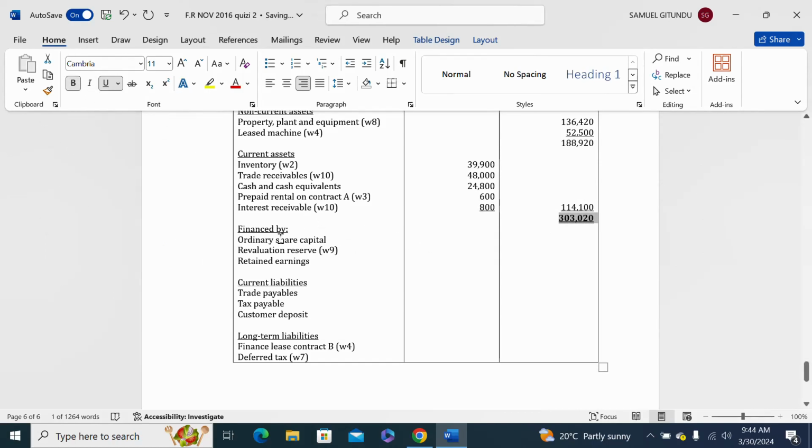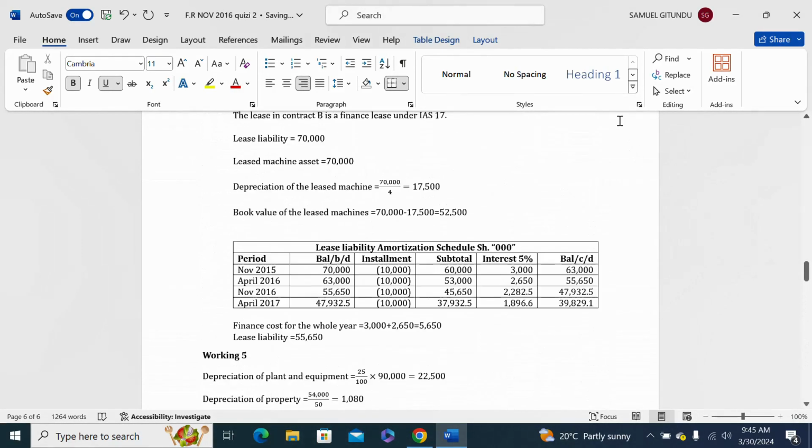Then we go to the financed by, this is the part of equity and liabilities. We start with ordinary share capital from the trial balance.